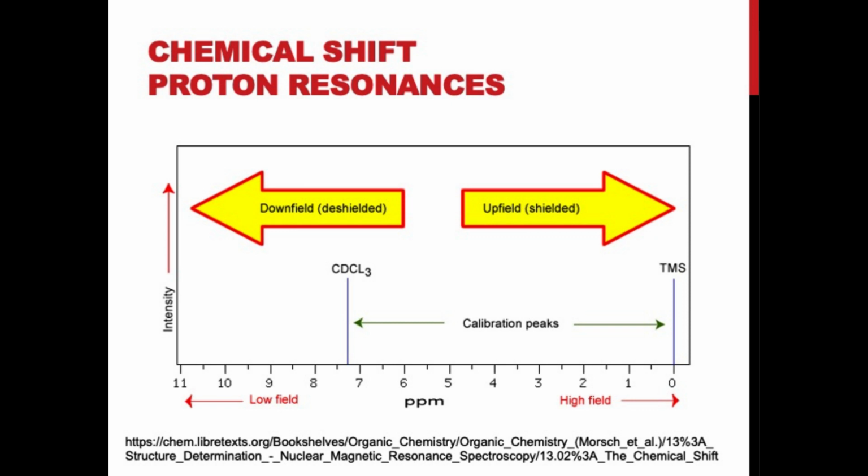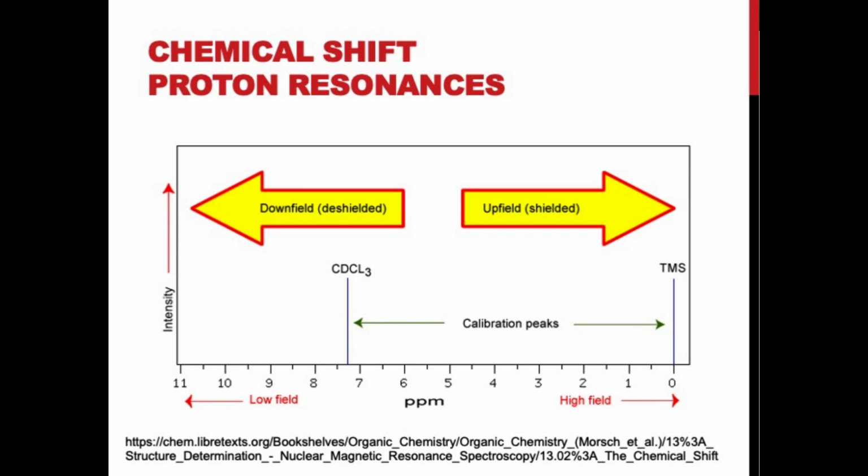Now, I should have said this earlier, we have to run the NMR in deuterated solvent. The NMR sees protons because of their spin. Deuterium, because it has an extra neutron, has a different spin. Its nucleus has a different spin than a hydrogen's nucleus, so the NMR does not see the signal from a deuterium.